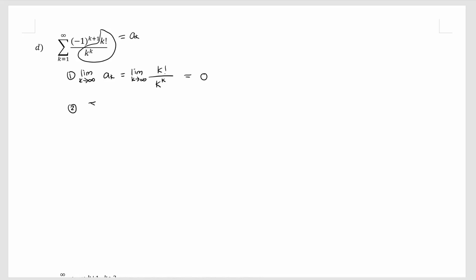So step 2, we want to compute the series of a sub k. Does this series converge or not? Look at this series, k to the k over k factorial. What test shall we use? Can you see it contains k factorial and k to the k? Then we should use the ratio test.